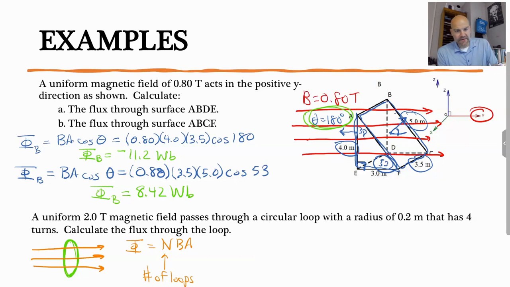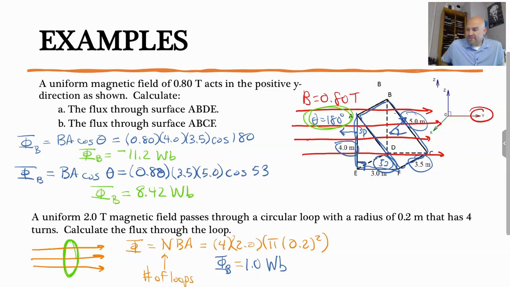We didn't do anything for the previous question because technically it was one surface, one loop. So I would do 4 times my magnetic field strength, which is 2, times my area, which is pi times 0.2 squared. When you plug that in, your magnetic flux will be 1.0 Webers. That's how we determine the magnetic flux.